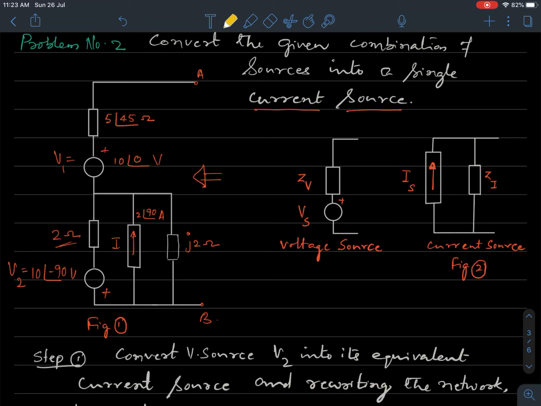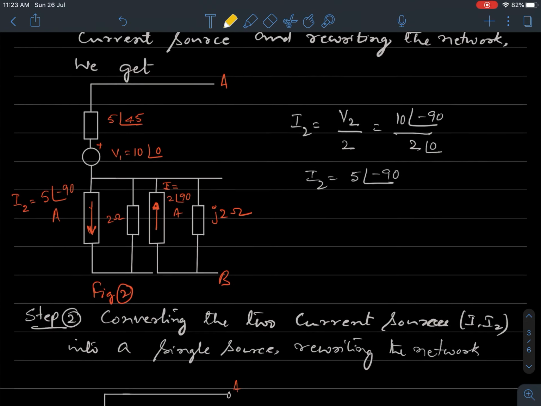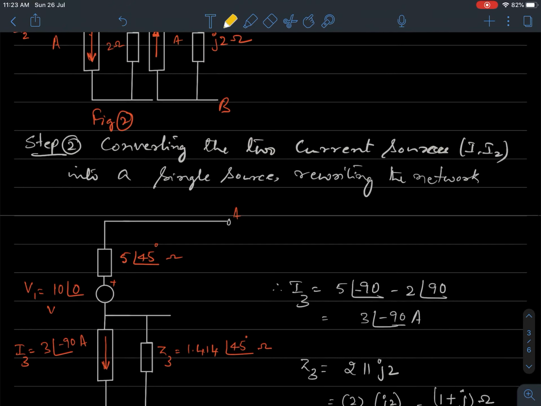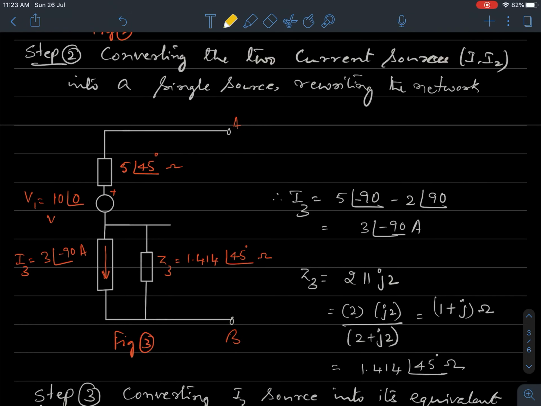So all you have to do is look at the given network and identify it. You can see this V2 and this I are in parallel. To convert it into an equivalent source, you have to have both the sources as current sources. So you will convert V2 into a current source. You get two current sources in parallel.